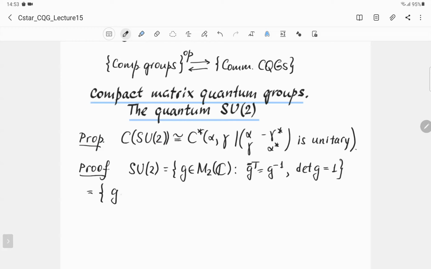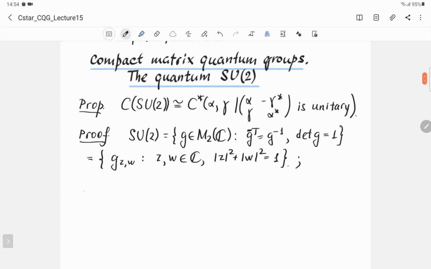They are indexed by pairs of complex numbers, Z and W, such that they satisfy the following condition, and the matrix G_ZW has the following form.